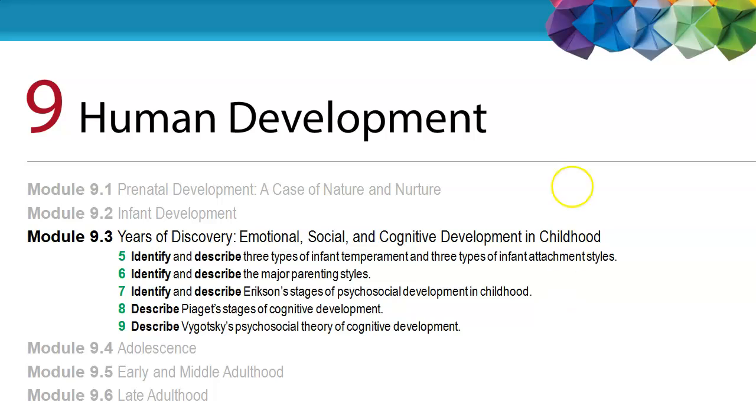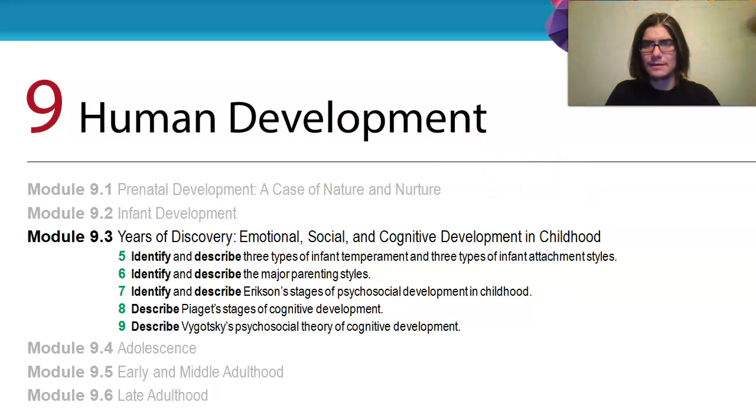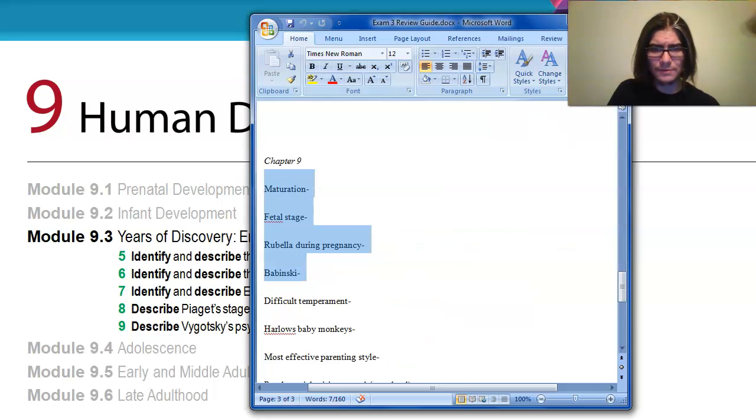Because this is a shorter video, I'm quickly going back to the review. The things that you need to know for this video are maturation, which is the unfolding of an organism due to its underlying genetic code. You'll see that definition in the PowerPoints. The thing to know about the fetal stage is that it is the stage of prenatal development from week 9 through to delivery.